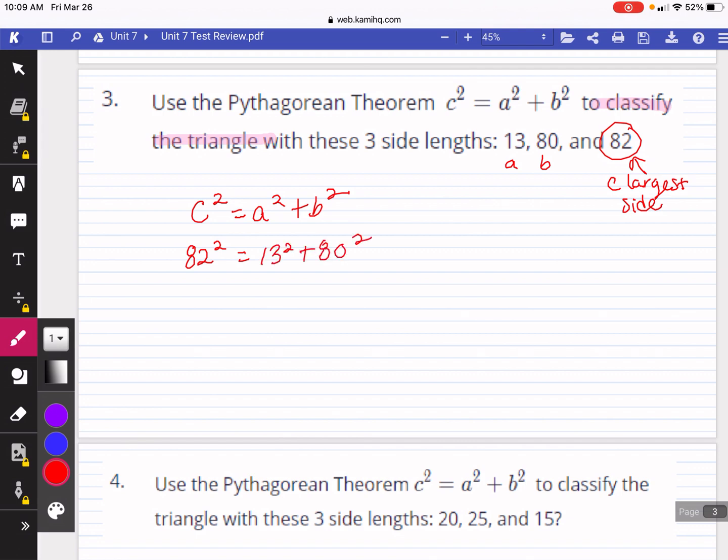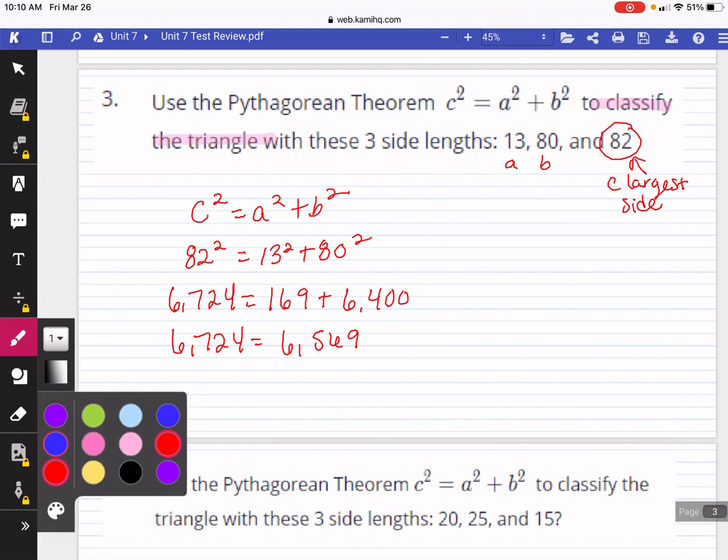I'm going to start to simplify this. So 82 squared comes out to 6,724. 13 squared is 169. And 80 squared is 6,400. Now, if I add those together, that comes out to 6,569.